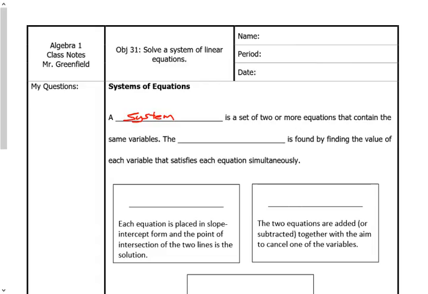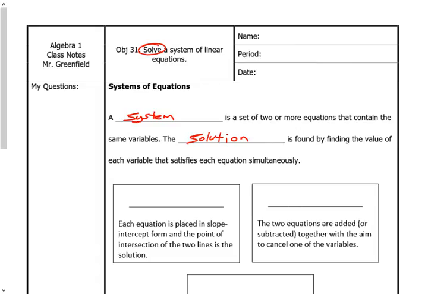To find the solution to this, obviously if our objective is solve, we have to find a solution. And that's found by finding the values of x and y that satisfy each equation at the same time.